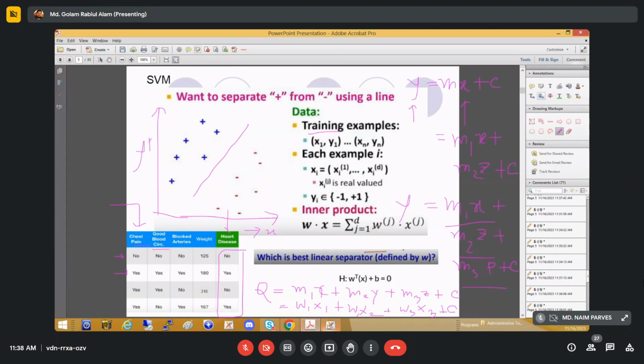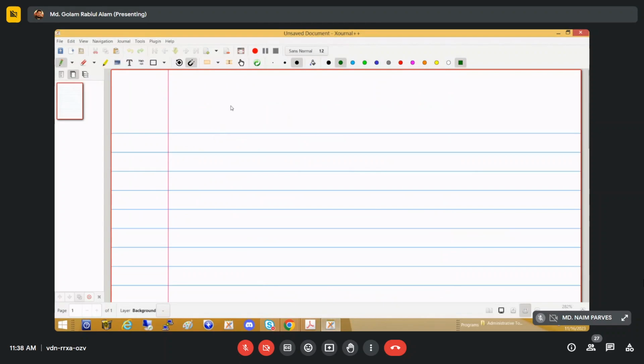The same equation. Now we want to represent those in vector form. So consider that we have the w vector, and in this vector we have w1, w2, w3.